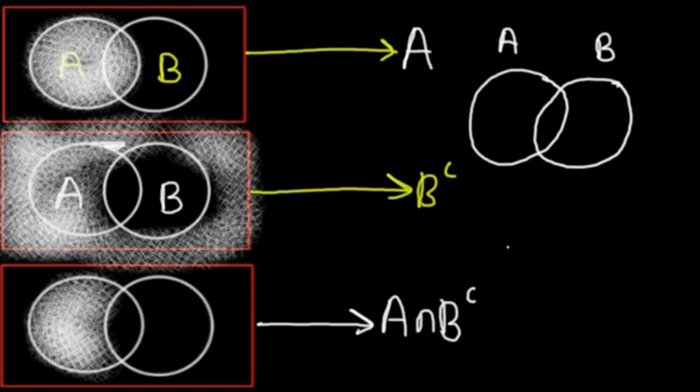Now we will observe that set A and set B intersect each other. There's an overlap between them. In order to remove set B out of set A, set B will be taking some portion of set A along.